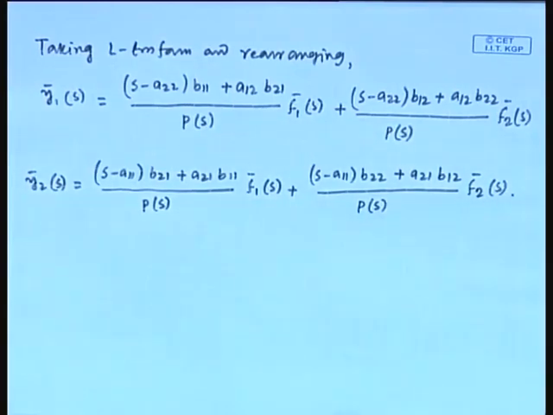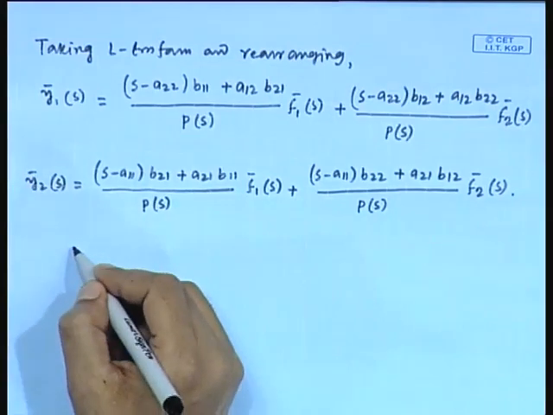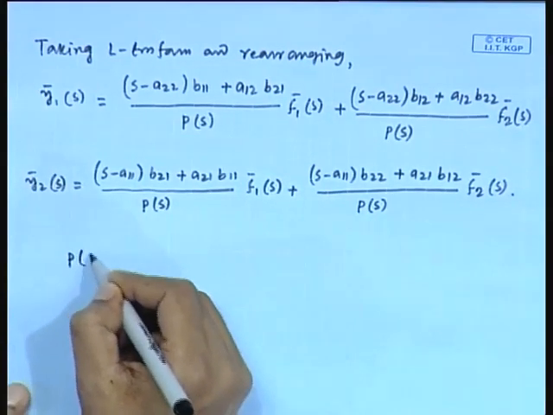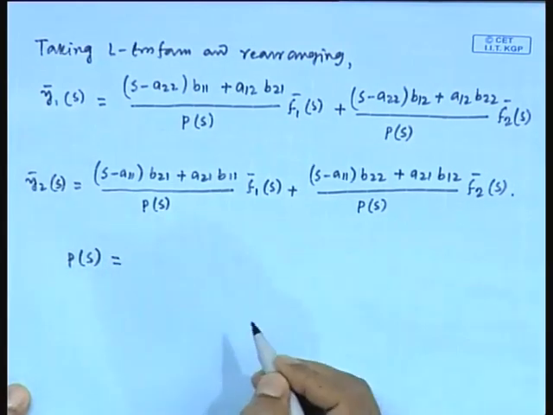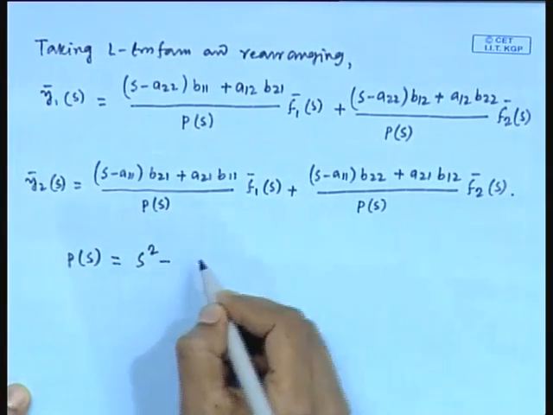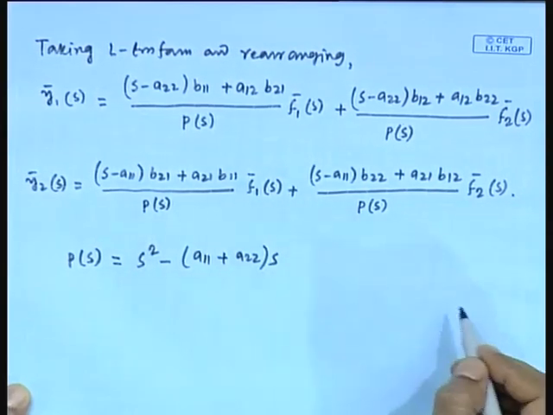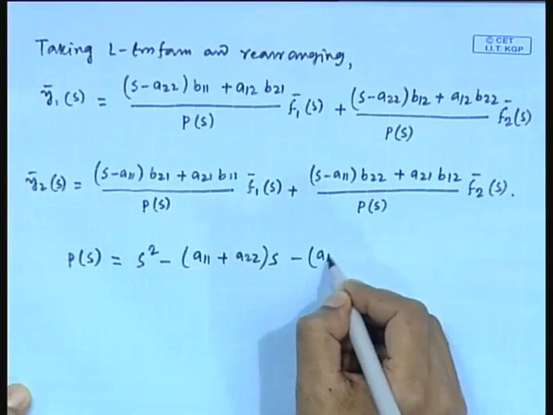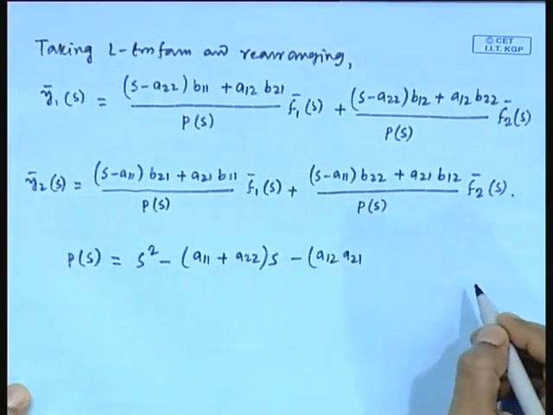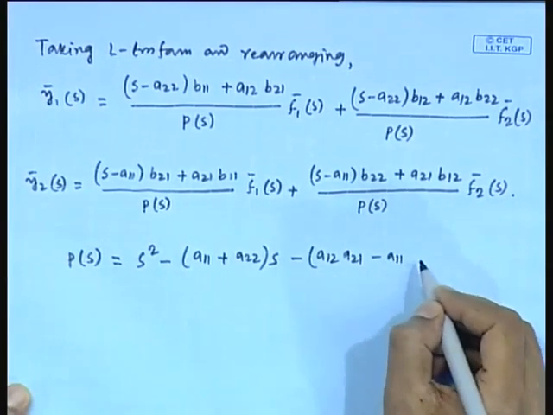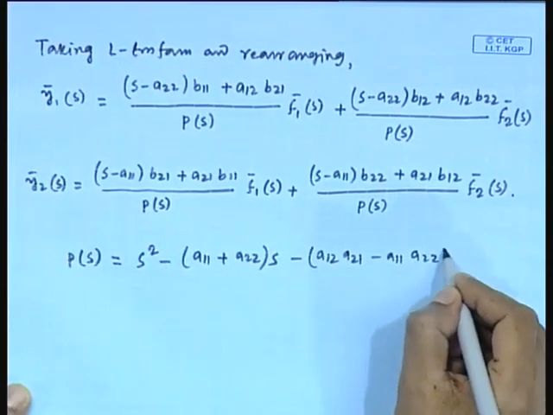Fine. These are the two expressions, and the expression for the characteristic polynomial P(s) is like this. P(s) is the characteristic polynomial represented by s squared minus (a11 plus a22) s plus a11 a22 minus a12 a21.